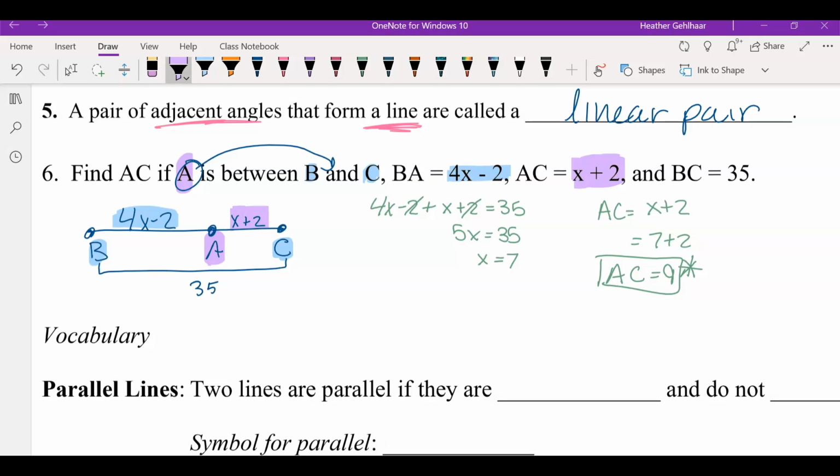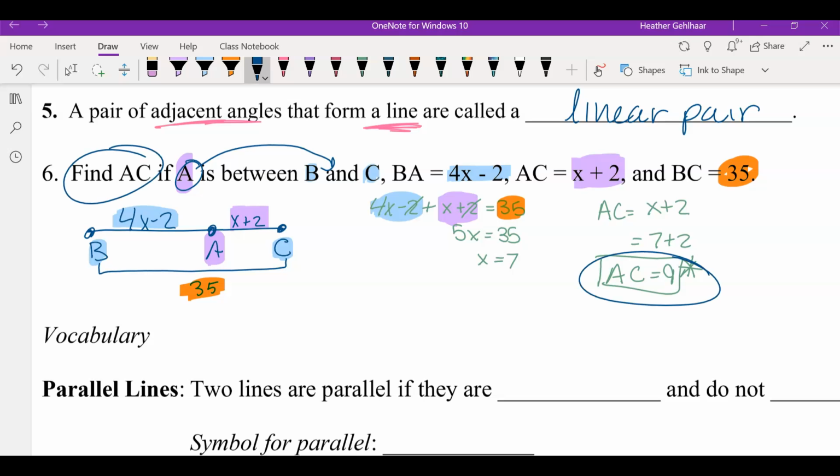Then we have the entire segment is equal to 35. So from here, as you can tell, I went ahead and added them up and set them equal to 35, the entire segment. I solved for x, and then the question was actually asking to find AC right in the beginning, so then my final answer would be 9.